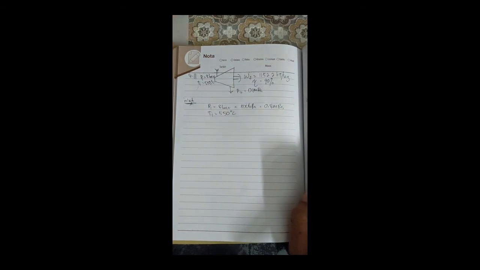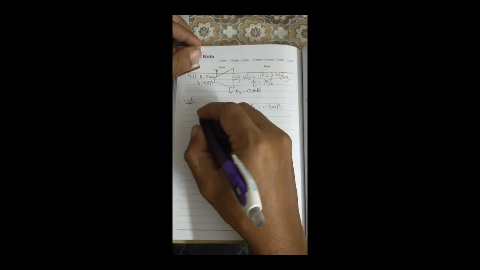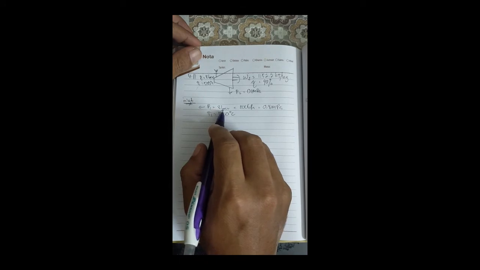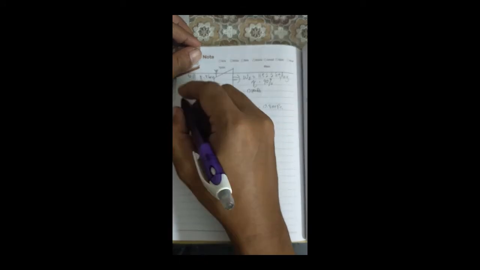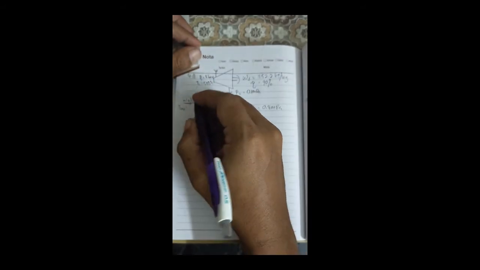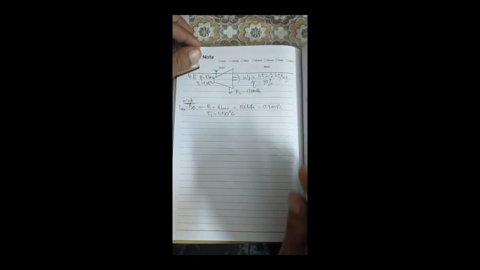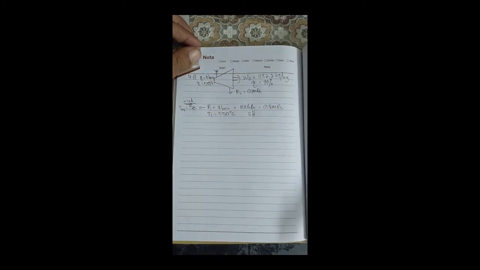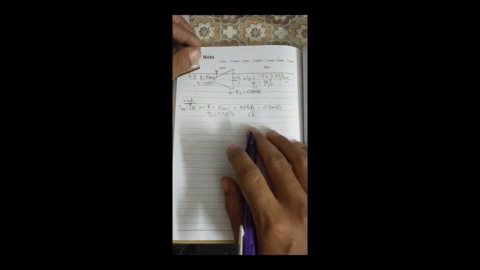Check in the steam tables. So steam table 8 bar, as for P1 800 kPa, your Tsat is 170, so it's in the superheated. So check in your superheated.